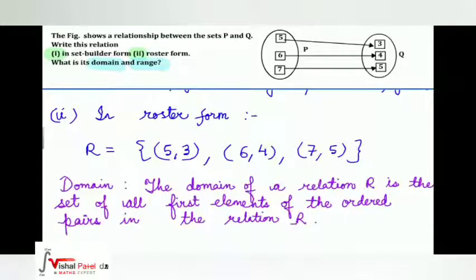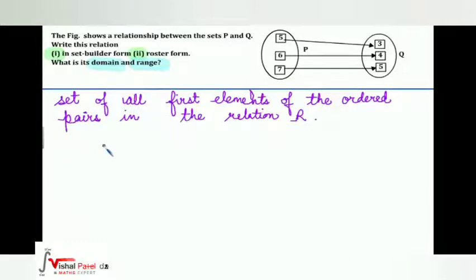Domain is the first element of your relation. The domain of a relation R is the set of all the first elements of the ordered pairs in the relation R. So domain of relation R is equal to {5, 6, 7}.